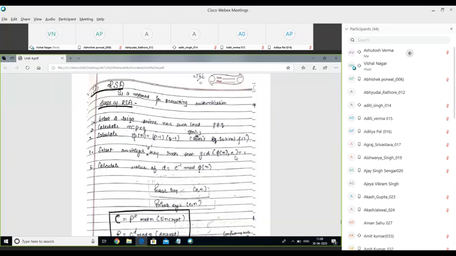There is just a single condition: phi n and e should be relatively prime. That means the GCD, the greatest common divisor, of these two numbers should be 1, and there should not be any common factor.